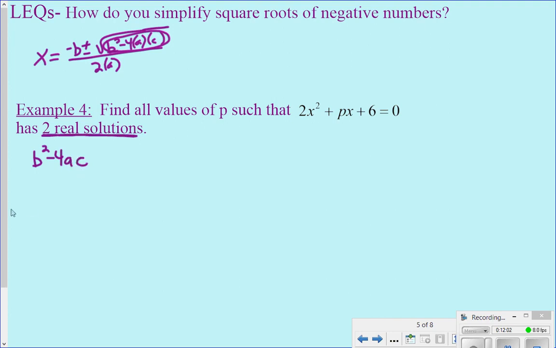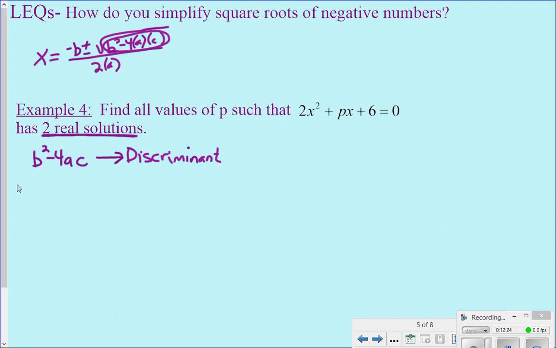Notice I didn't include the square root, just the part that's under it. That is called the discriminant, D-I-S-C-R-I-M-I-N-A-N-T, discriminant. And the discriminant is what causes us to have either real or imaginary solutions.